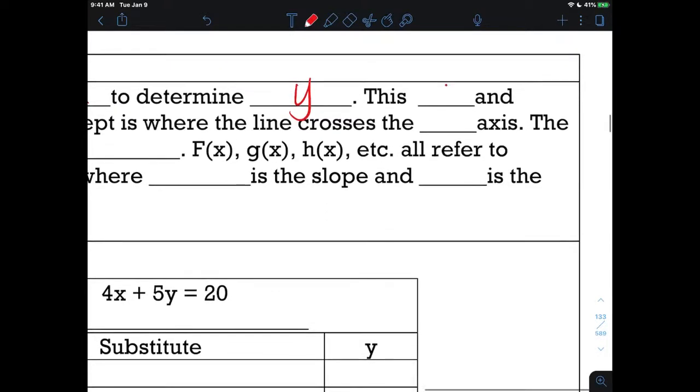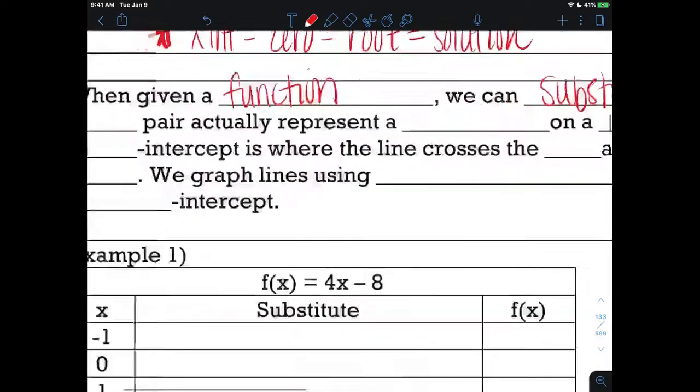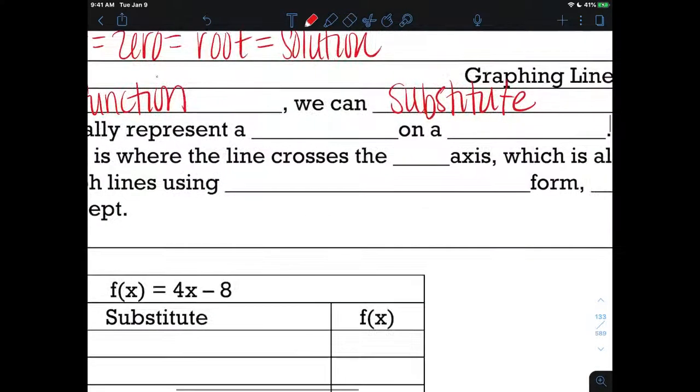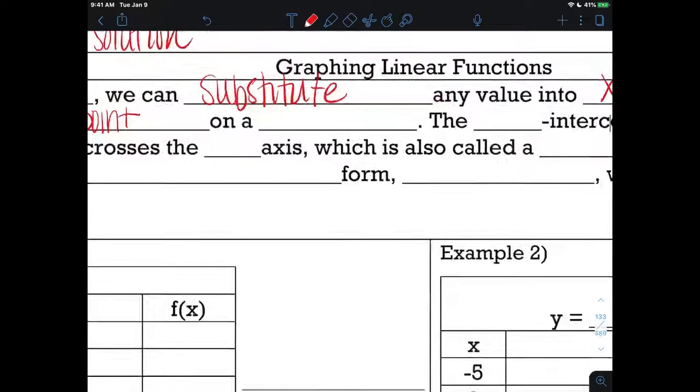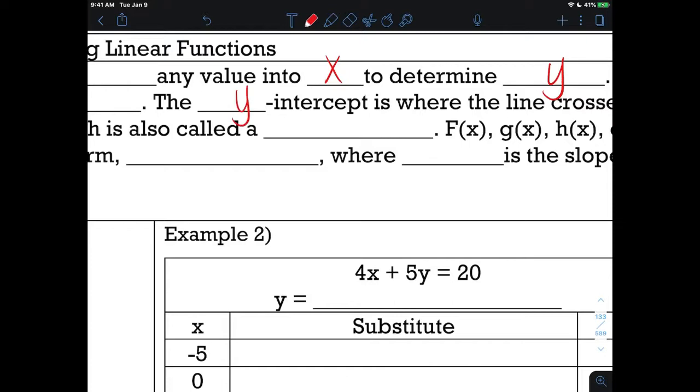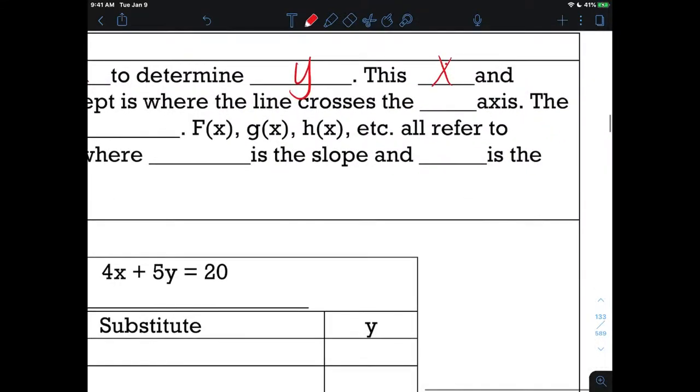This particular x and y pair represent a point on a graph. Y-intercept is where the line crosses the y-axis.